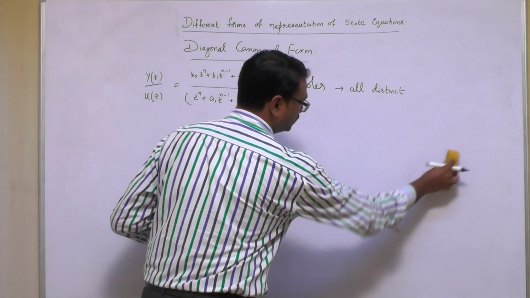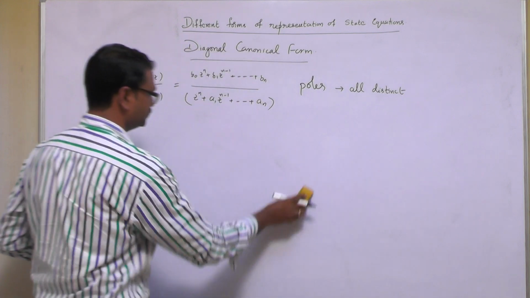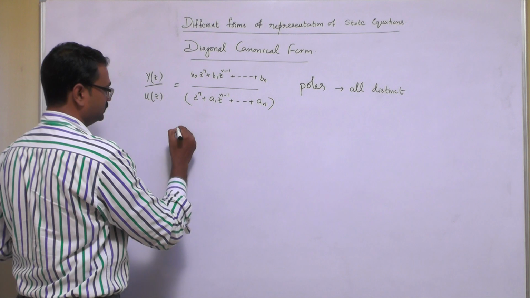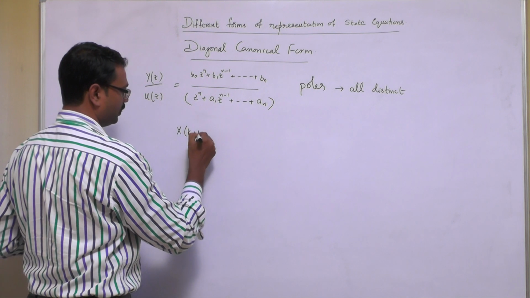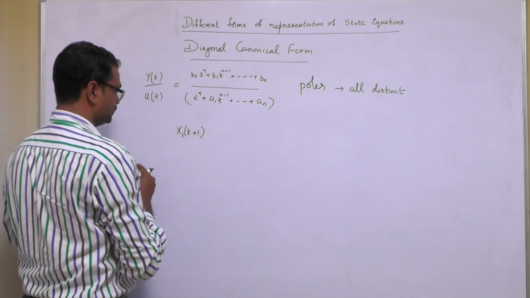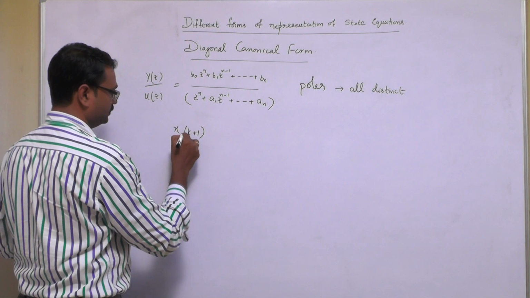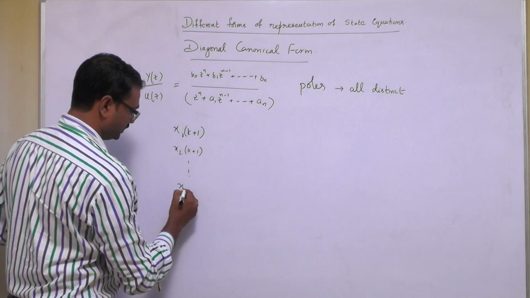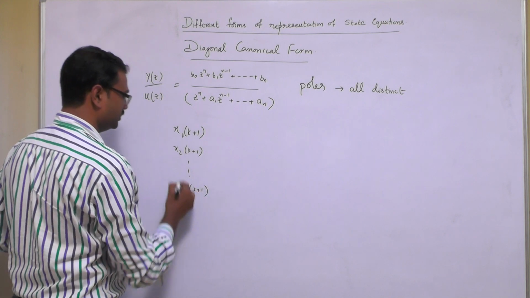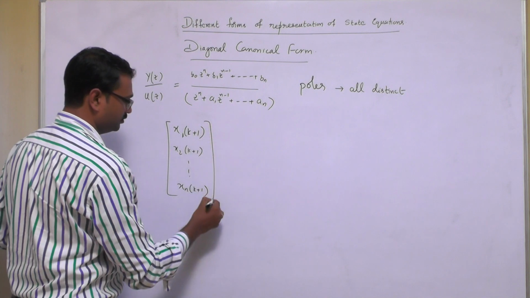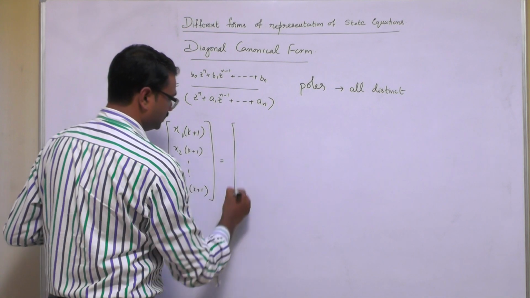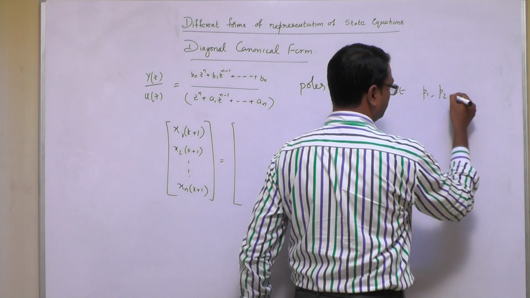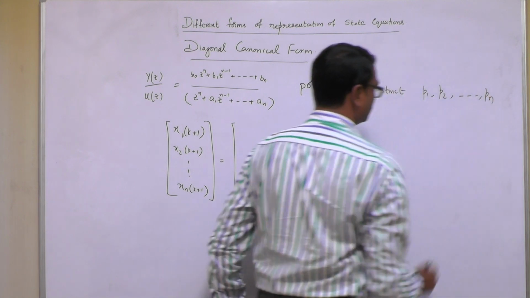then you will have the diagonal canonical form, which is as simple as this: x of k plus 1, or you can say x1 k plus 1, x2 k plus 1, so on, xn k plus 1. Always we will be considering n number of state variables, with all distinct poles p1, p2, so on, pn.